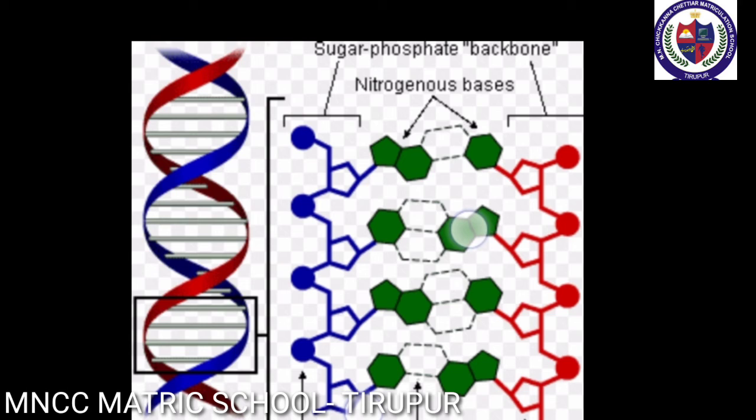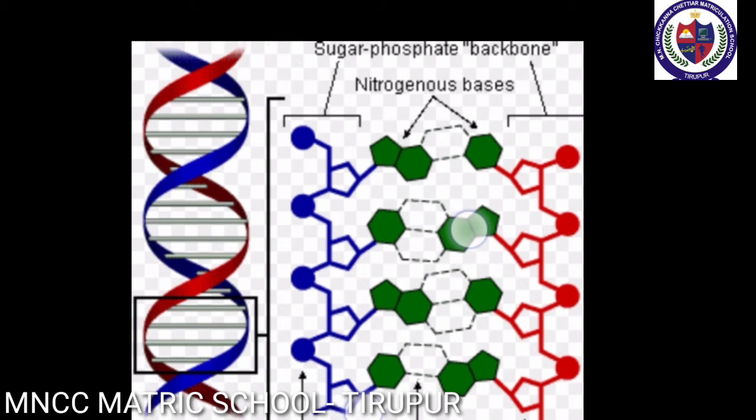Pairing between the nitrogenous bases is very specific and is always between purine and pyrimidine, linked by hydrogen bonds. Adenine, A, links with thymine, T, with two hydrogen bonds. Cytosine, C, links with guanine, G, with three hydrogen bonds.